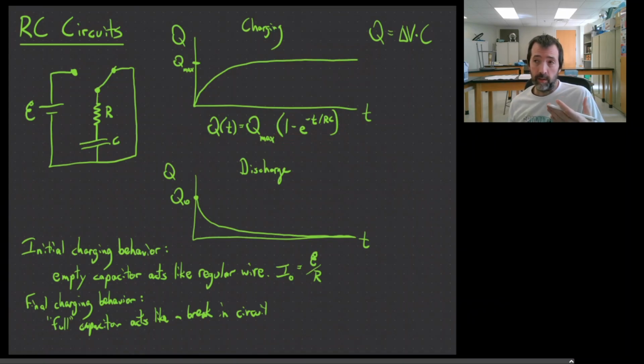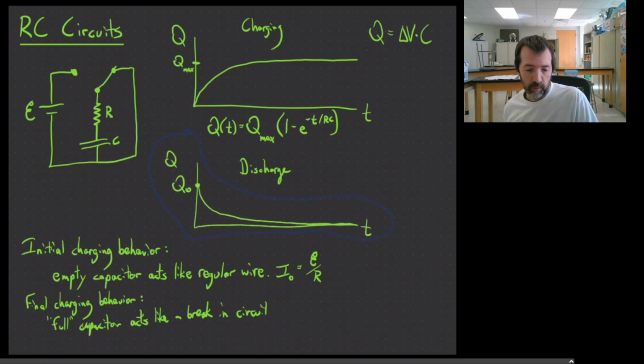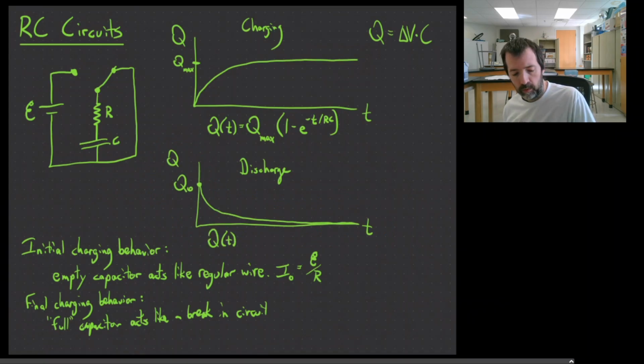E to the negative stuff itself is a decay function. It would look like the lower graph, so I'll go ahead and write that one in also. The decay graph has a simpler mathematical form. Here it's q of t equals q naught times e to the negative t over RC. So e to the negative stuff is that decay graph. 1 minus e to the negative stuff is this growth graph instead.